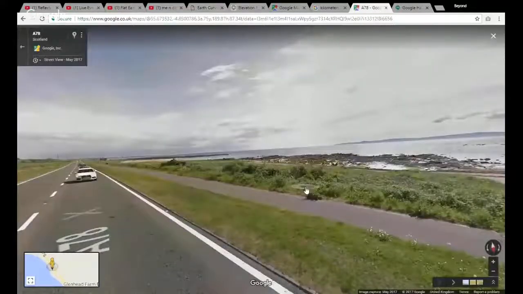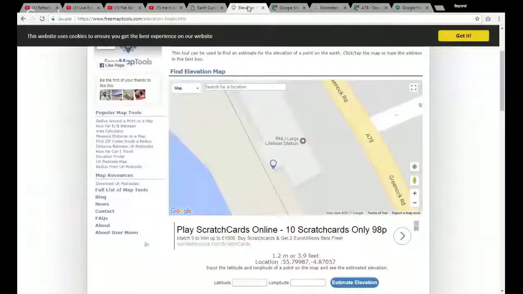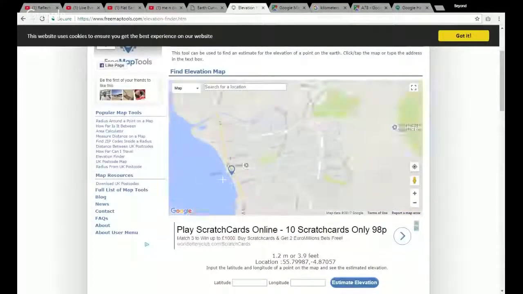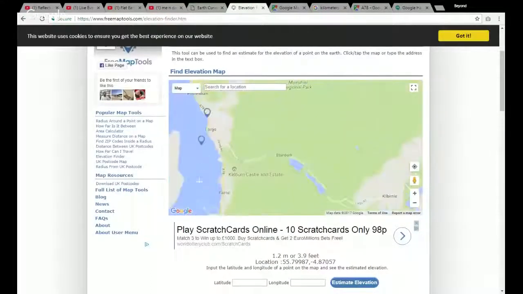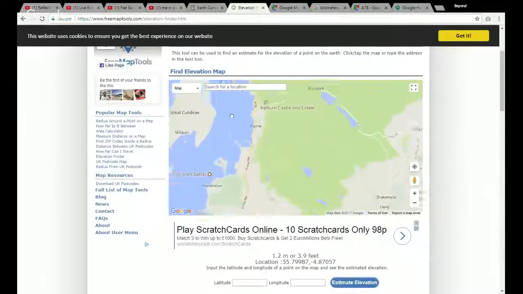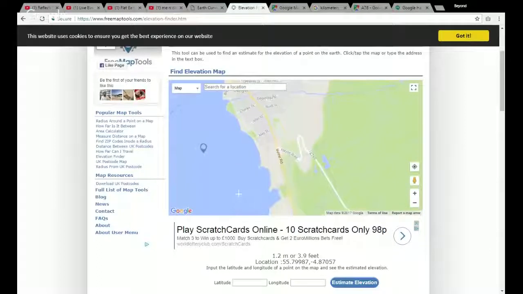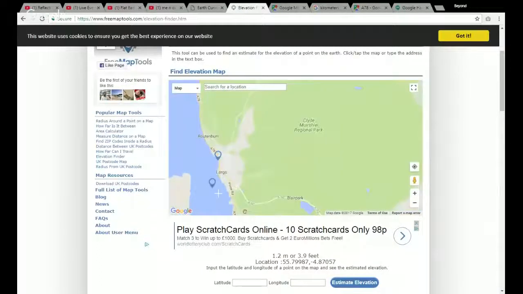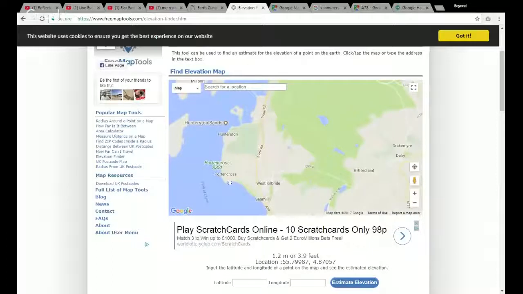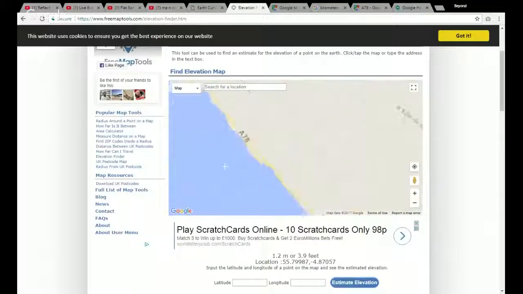Observation 2, which is from this point. Let's get an elevation on that, where I'm at here. So we've got 2.6 or 8 point. I don't think that's the right place. Hang on a wee minute.